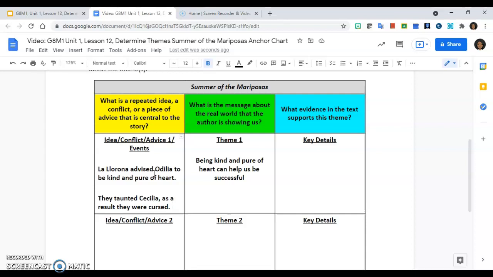So the easiest way to look for key details is to go back and find examples of these events, these ideas, this advice. You're going to find examples, and then that is what you're going to write for key details.